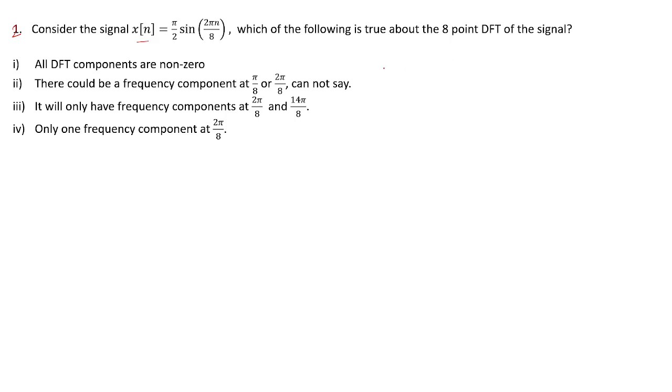So we are well familiar with the DFT equation. The immediate thing that may come to your mind is that I should compute the 8-point DFT of x[n] and check manually which of the frequency components have zero magnitude and which are non-zero.